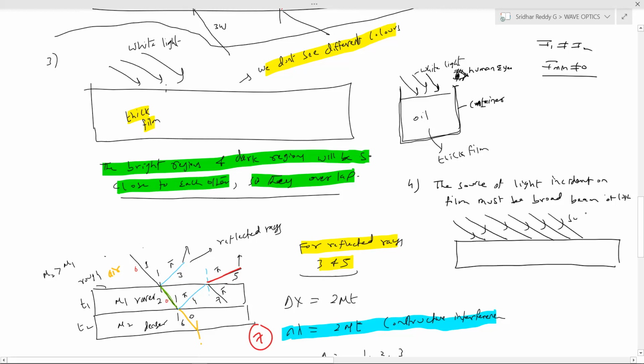A good example: this is sunlight, kerosene oil drops, this is water. Not one ray of light. It should be discussed for a broad source of light.